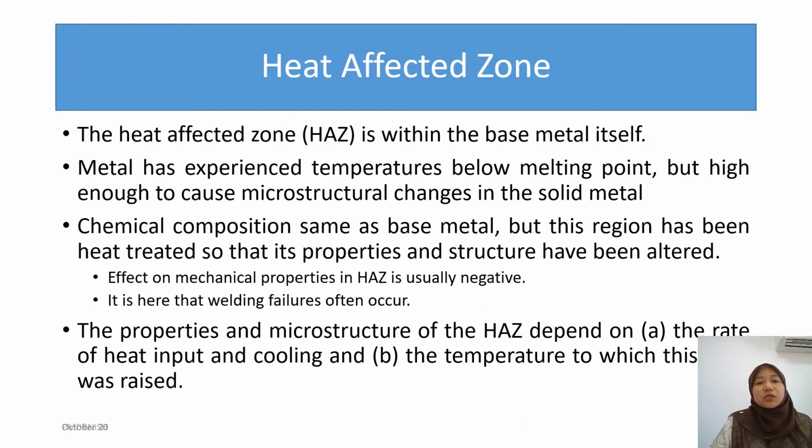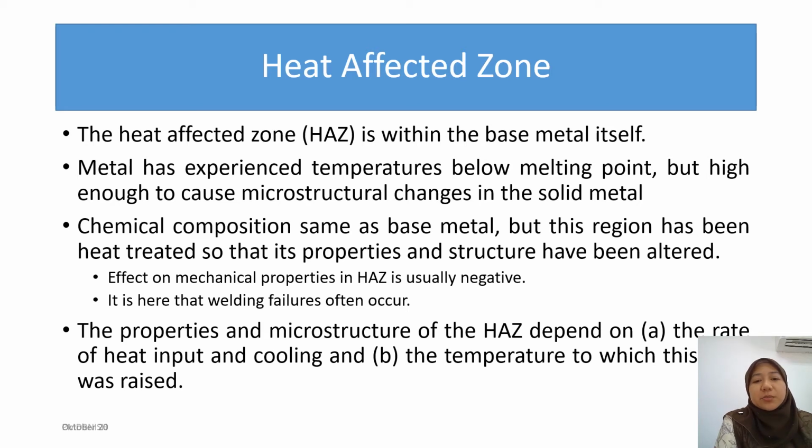Heat affected zone. The heat affected zone is within the base metal itself. The metal has experienced temperatures below the melting point but high enough to cause microstructural changes in the solid metal. The chemical composition is the same as the base metal, it does not change anything because it's still the same base metal, but this region has been heat treated so that its properties and structure have been altered.